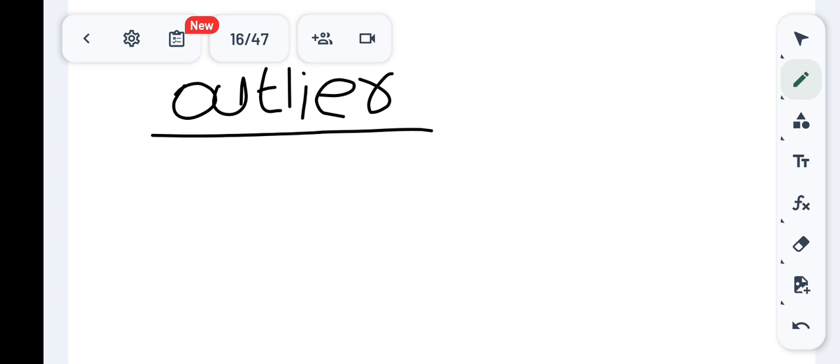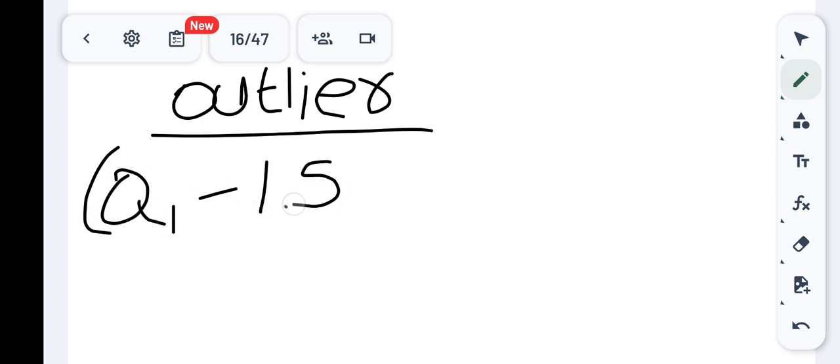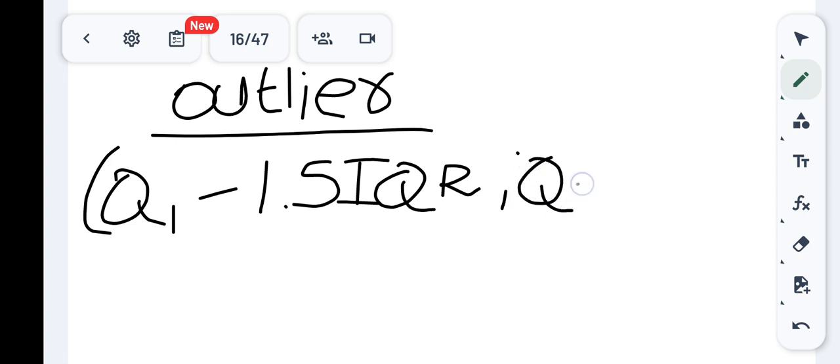We use the formula which is Q1 minus 1,5 multiplied by the interquartile range. And then we are trying to make an interval, and then we have Q3 plus 1,5 IQR.